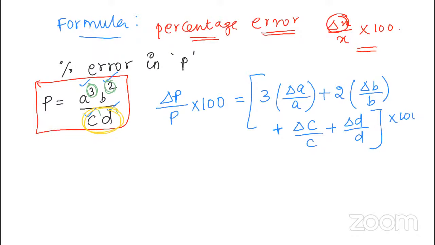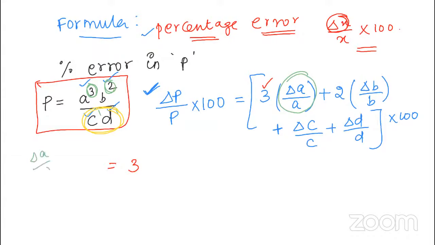So this is the formula. Okay, so this formula is applied for the percentage error. So now let us substitute all the values here. So here it is 3, and for delta a by a, they are given 1%.